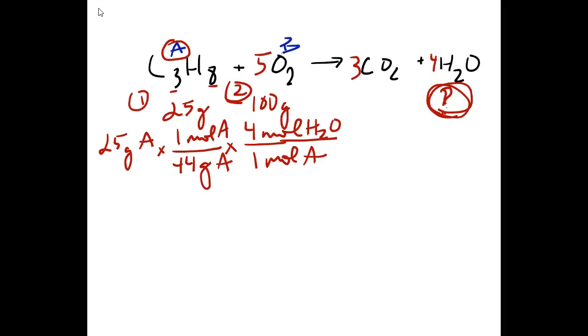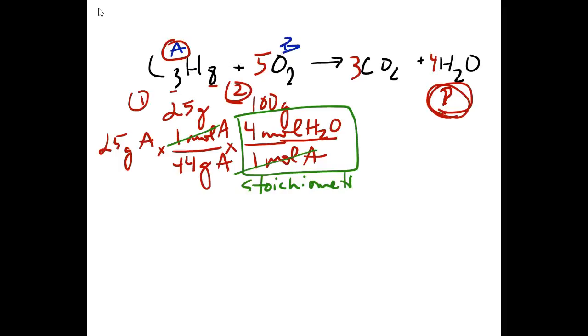This is the step that makes it a stoichiometry problem. Okay, this is the stoichiometry part, using the mole-to-mole ratios. And note that I put 1 mole of A on the bottom so that it can cancel out above. All right.